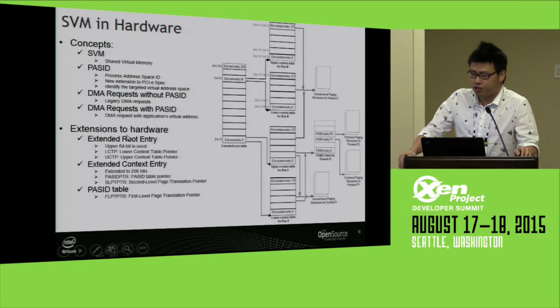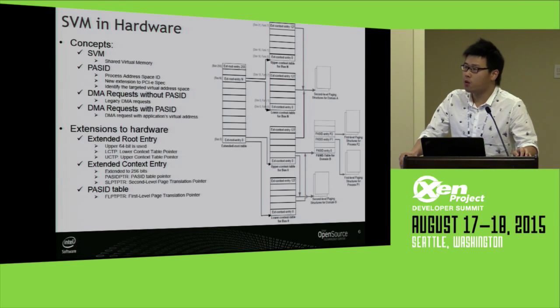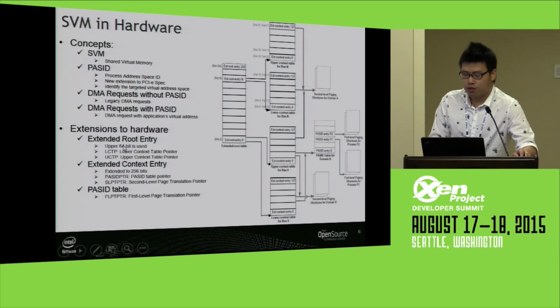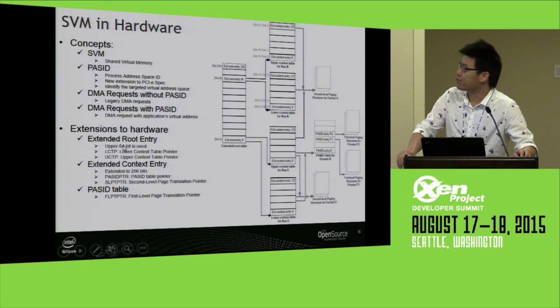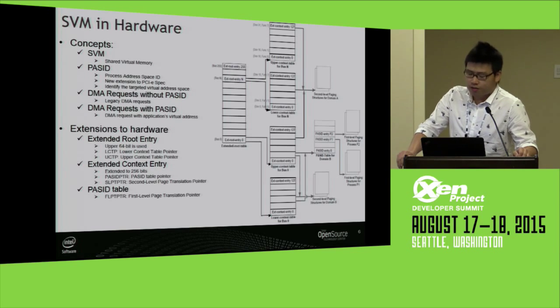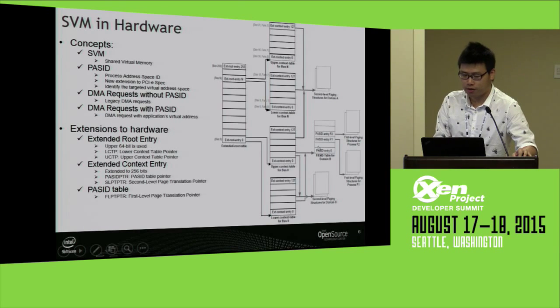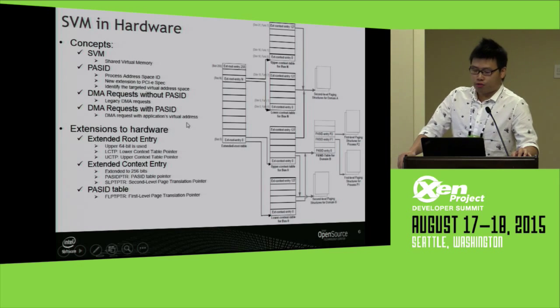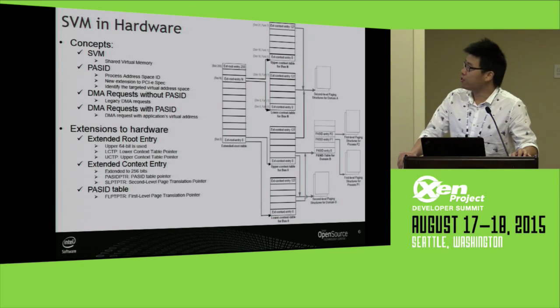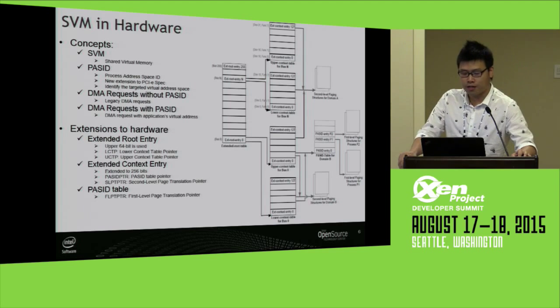Here are some extensions to the VT-d hardware to support SVM. First, the root entry is extended, and the upper 64 bits are in use right now. There are 2 pointers, the lower context table pointer and the upper context table pointer, which point to the extended context table.